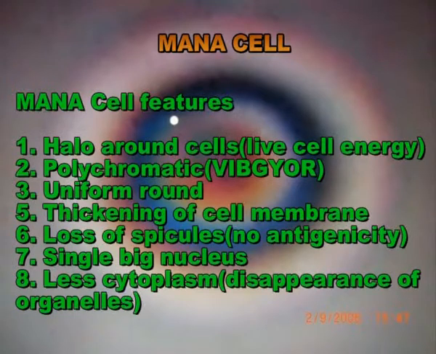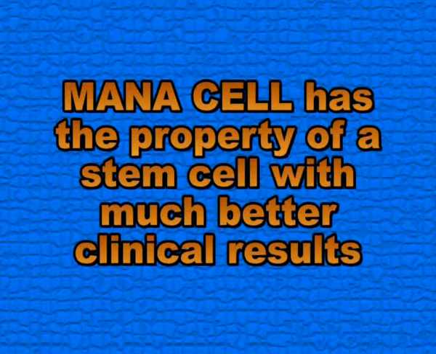The Manna cell has the following features: halo around cells, live cell energy, polychromatic, VIBGYOR, uniform round, thickening of cell membrane, loss of spicules, no antigenicity, single big nucleus, less cytoplasm, indicating disappearance of organelles. The Manna cell has the property of a stem cell with much better clinical results.